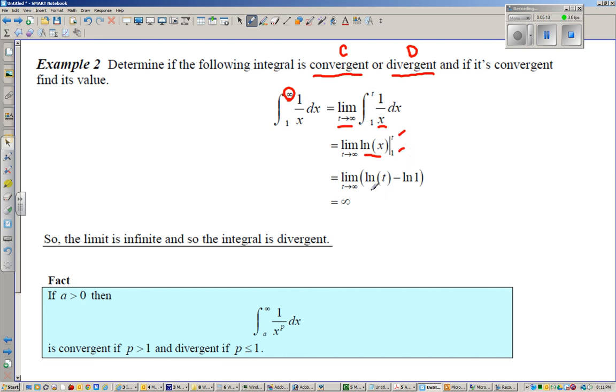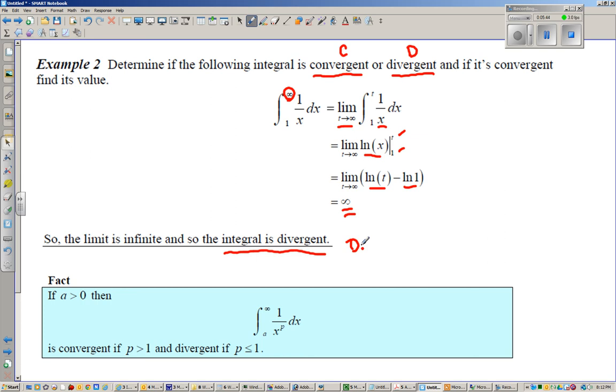So we would write the natural log of t minus the natural log of 1, which is 0. But as t goes to infinity, the natural log of infinity goes to infinity. So the limit is infinite, and therefore we say the integral is divergent, or just big D, and we're done. There is no value to be found.